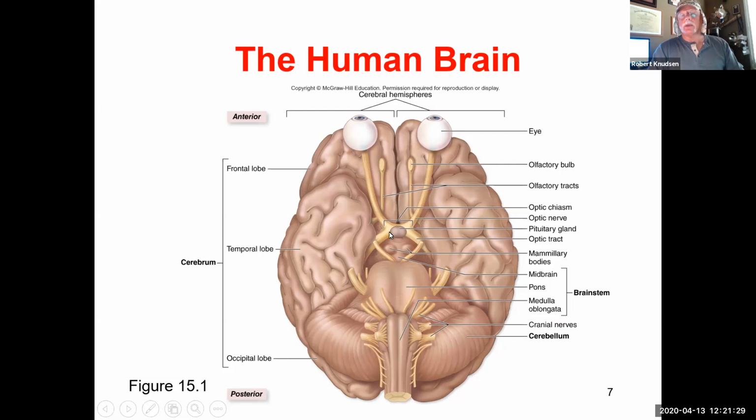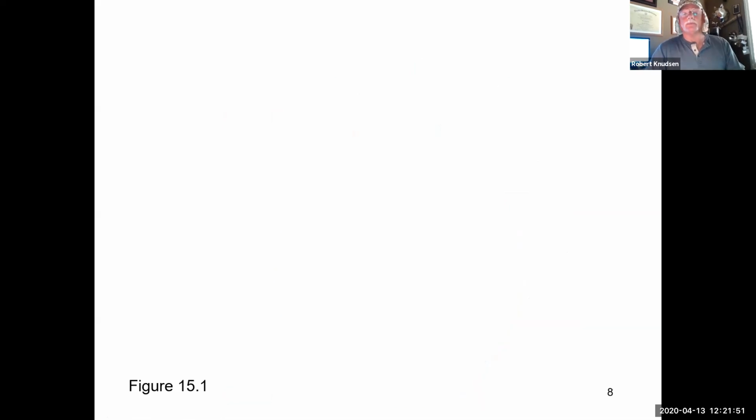And then this is number 5. And 5 is trigeminal, and so on and so forth. You can see most of them come off the brain stem. I'll do this for you in the very end because you're going to have to memorize these. And I'll give you a little mnemonic for that.